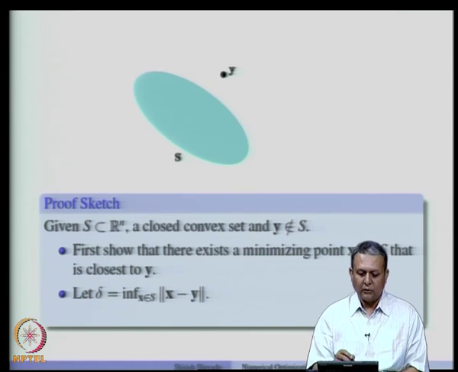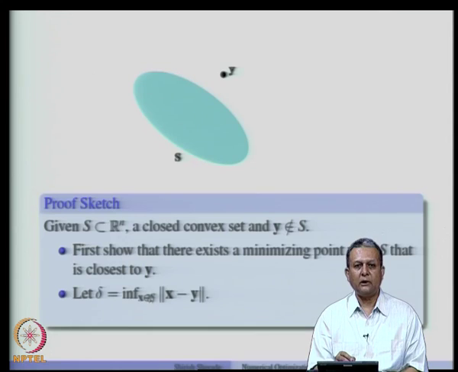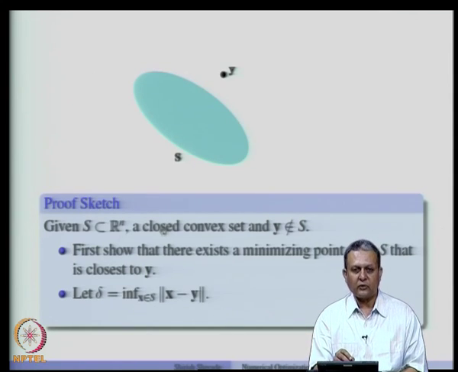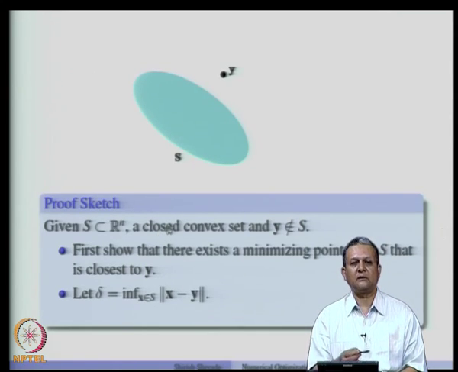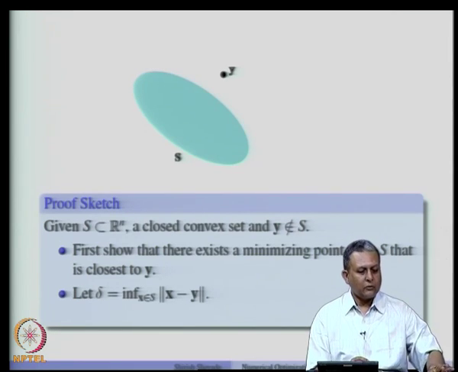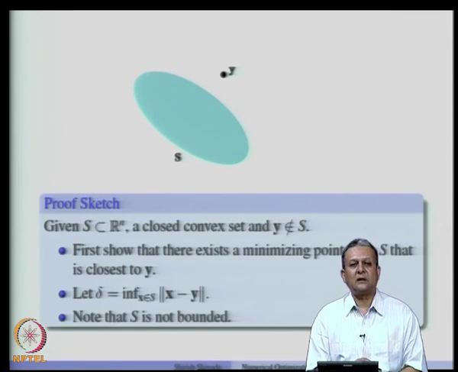Now, the set S which is given to us is closed, but it is not necessarily bounded. And that is why we cannot use Weierstrass theorem directly to solve this problem. Although the function norm x minus y is continuous, the set S is not bounded. So, we cannot directly use Weierstrass theorem.